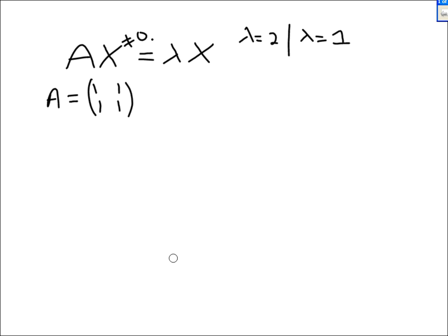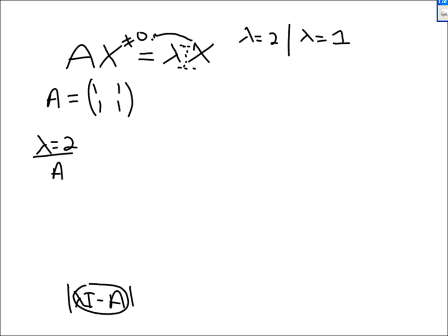So now we're going to proceed with lambda equaling 2. When it comes to the determinant, it's best to use lambda I minus A to find the determinant of that matrix. When it comes to finding the eigenvector, we want to solve, imagine the I over here, bring this to the other side, and factor out the x.